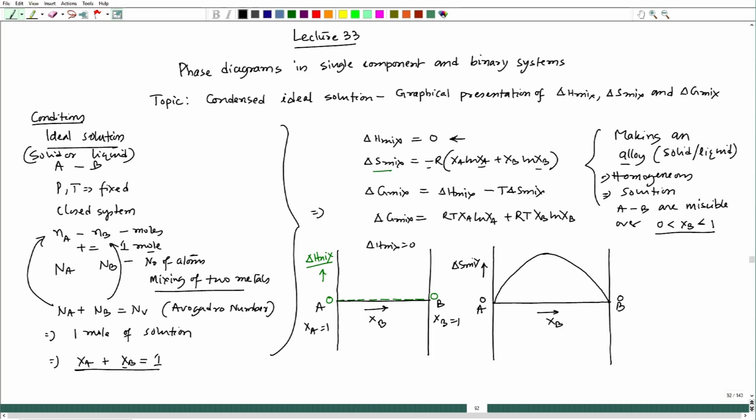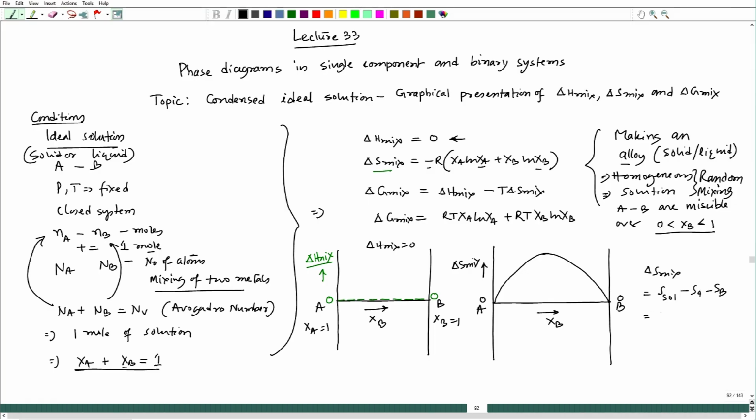Okay. Now, this also can be considered as random mixing. In fact, when we try to prove this, del S mix can be written as S solution minus S_A minus S_B, if you recall.